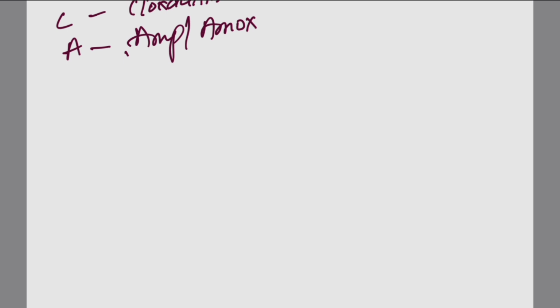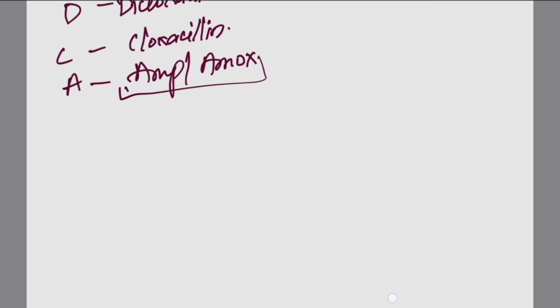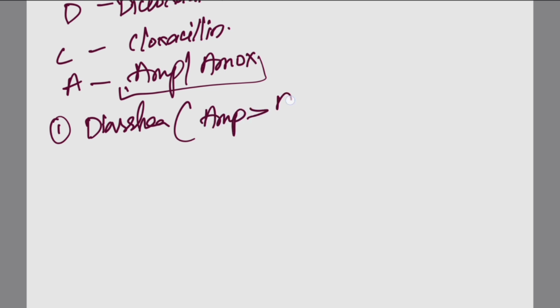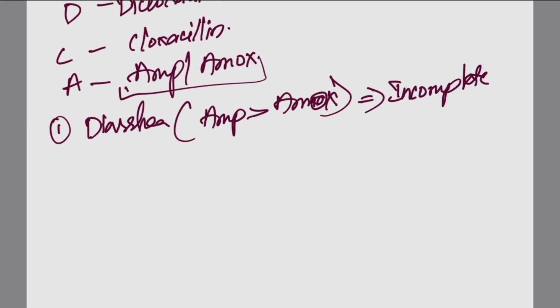The main thing about amoxicillin and ampicillin is that they cause the side effect of diarrhea. It is seen more with ampicillin than amoxicillin because of incomplete absorption in the small intestine. It will enter the large intestine and irritate the bowel. That's why it causes diarrhea.